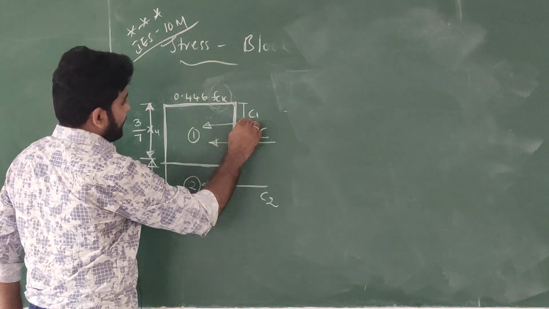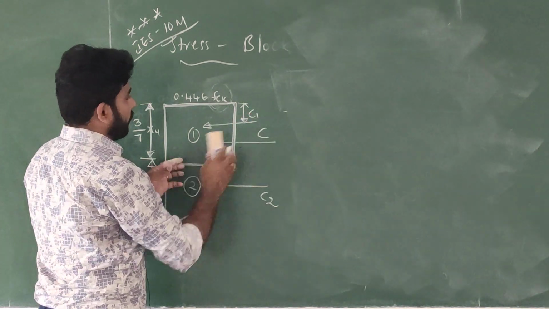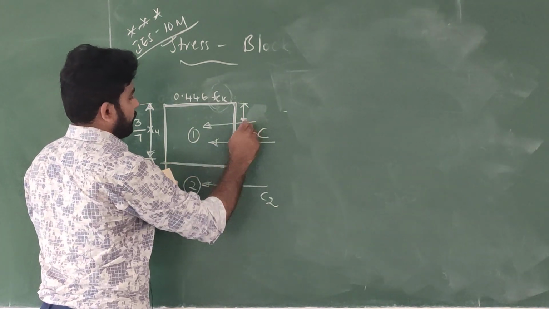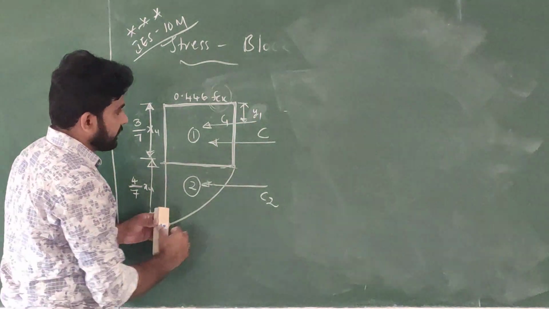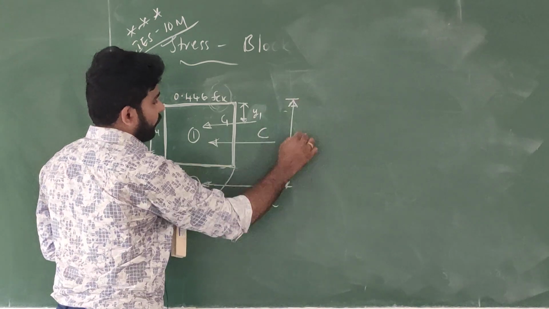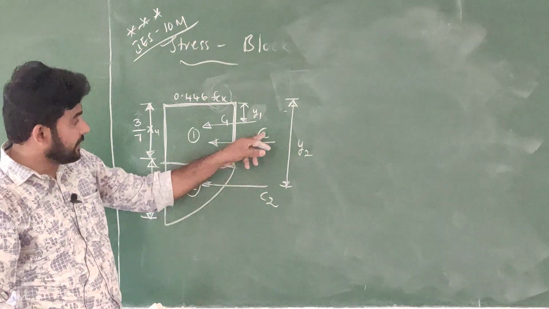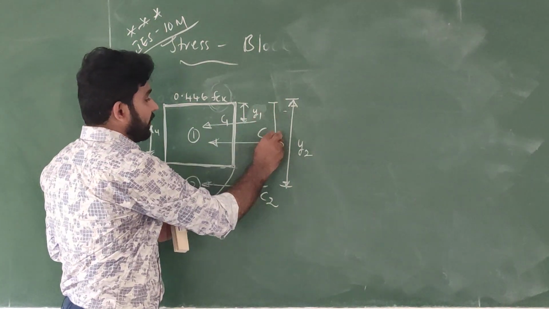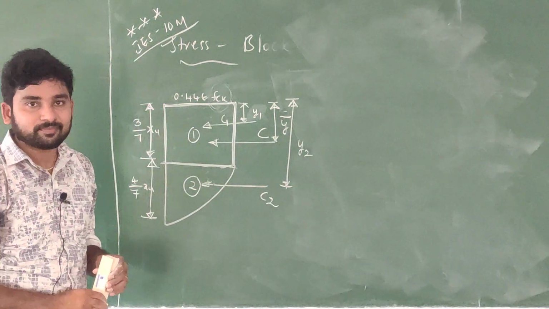Assuming that C1 is acting at a depth of y1 and C2 is acting at a depth of y2 from the compressive fiber, and we need C, this one only. This I am taking as y bar.